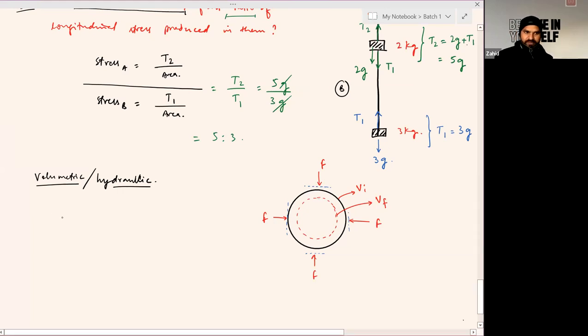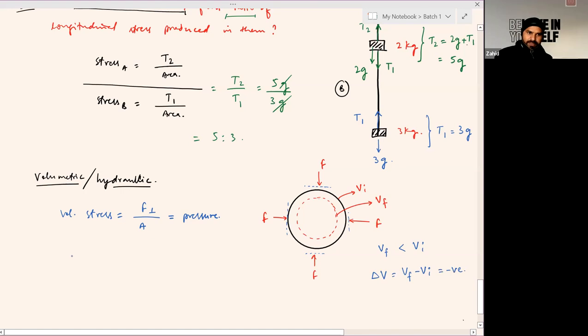So first is volumetric stress: perpendicular force acting per unit area, which is also termed as pressure exerted on this object. Now, due to the application of this pressure, there is a change in volume, in which the final volume is smaller compared to the initial volume. So the difference of volume will be V final minus V initial. And since final is smaller than initial, there will be a negative sign.